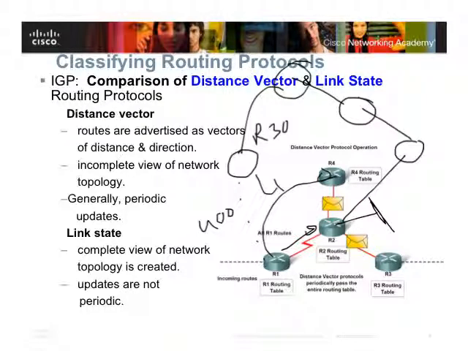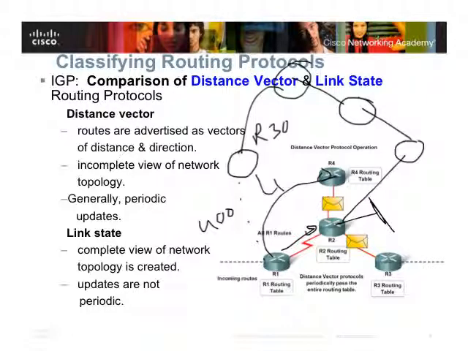I have a limited view of the topology, and nothing tells me that if I send a message in this direction, it is guaranteed to reach the ultimate target. Each one has a limited view, so each one will route the packet based on this limited knowledge. In certain cases that creates routing loops. That's one of the very common problems for distance vector routing protocols.